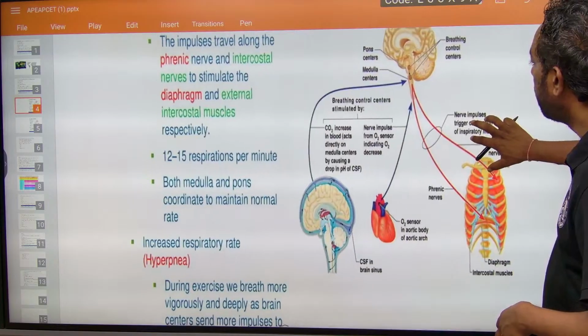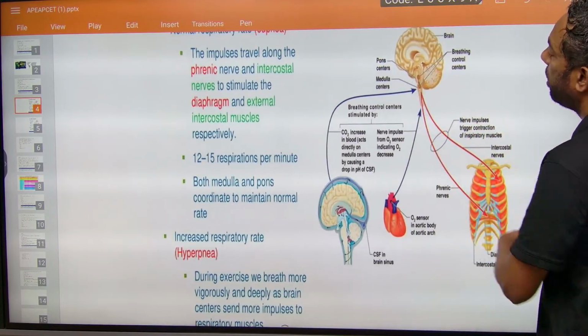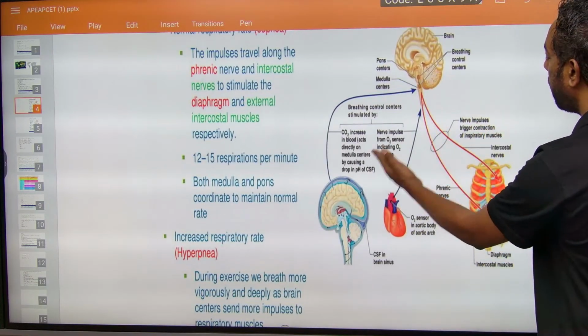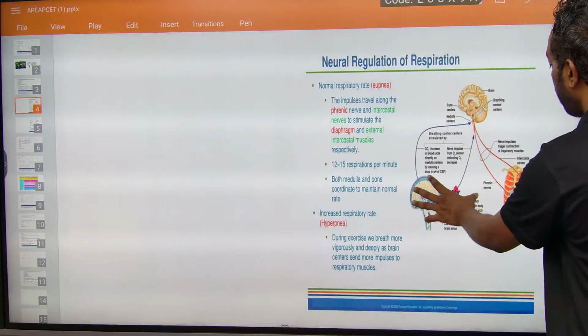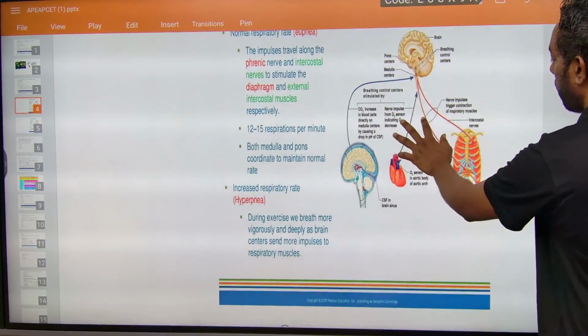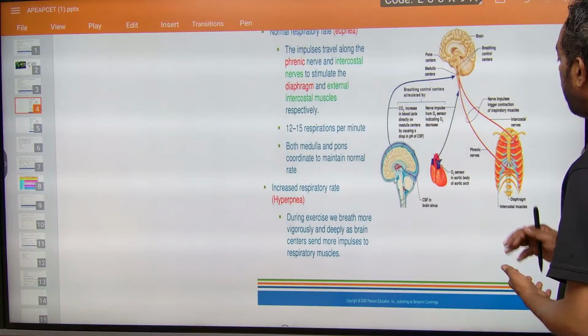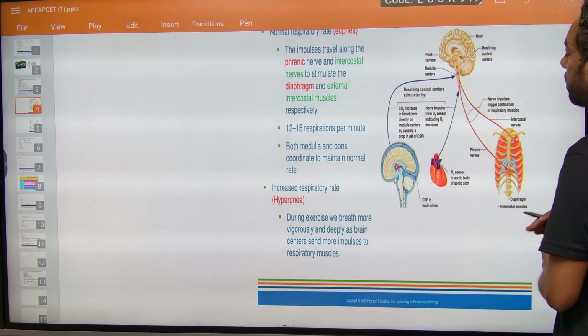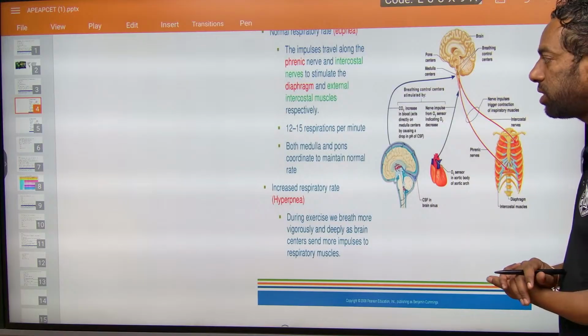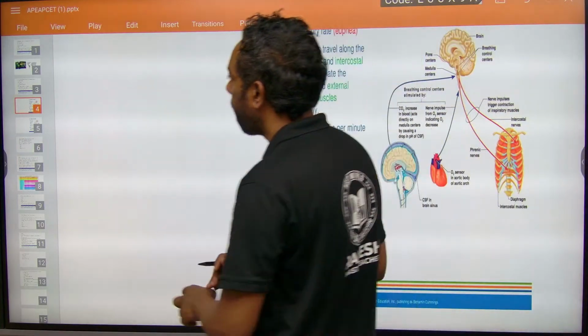This is the diagram where the pons and medullary rhythmicity area give the positive and negative signals to the diaphragm and intercostal muscles. The phrenic nerves are the nerves which come from the medulla.